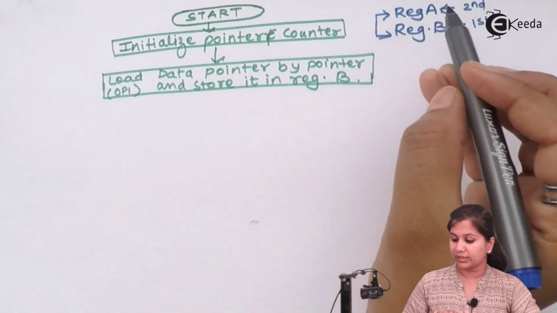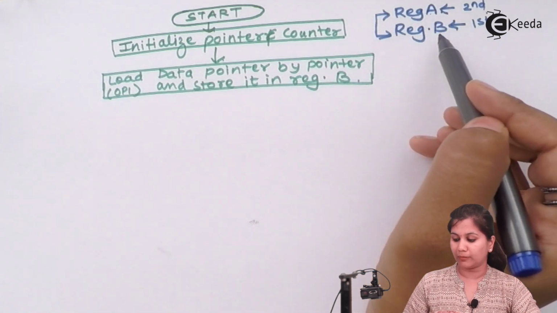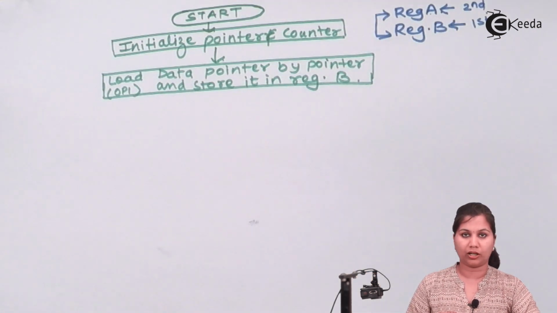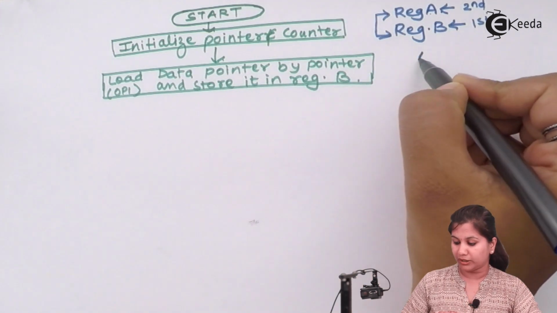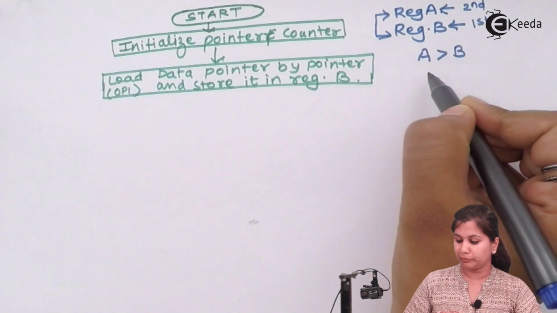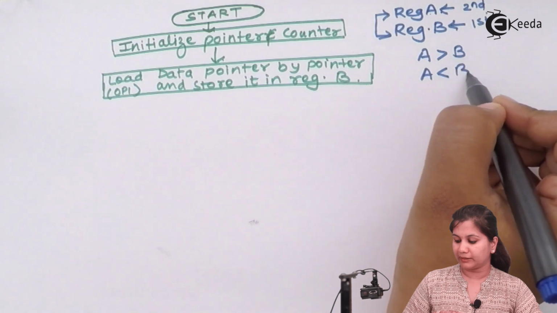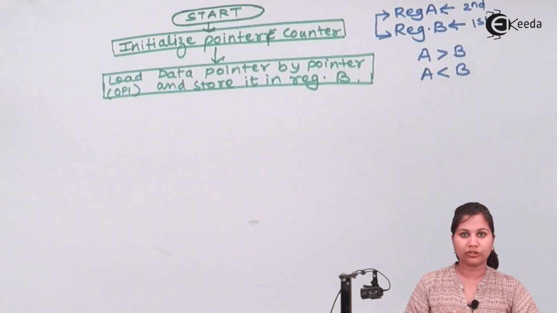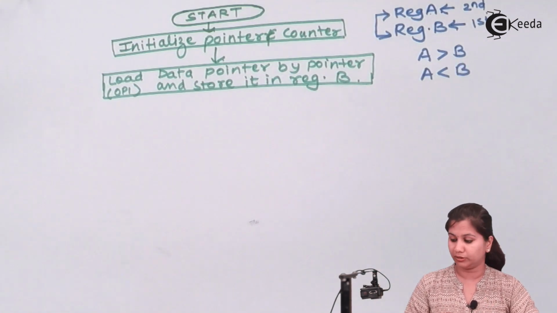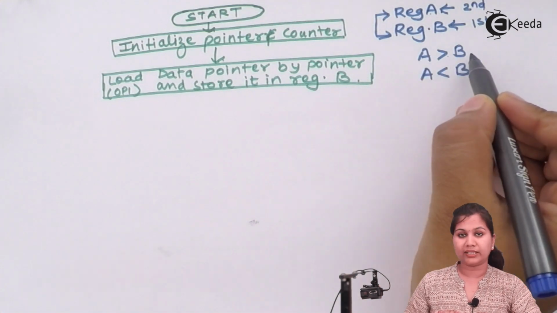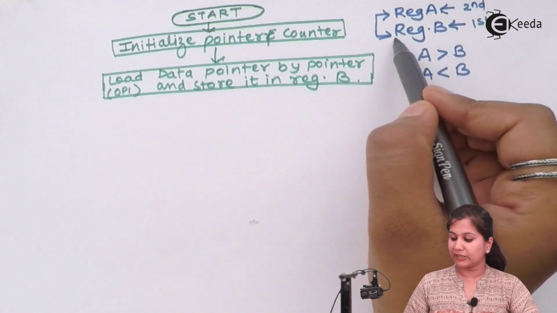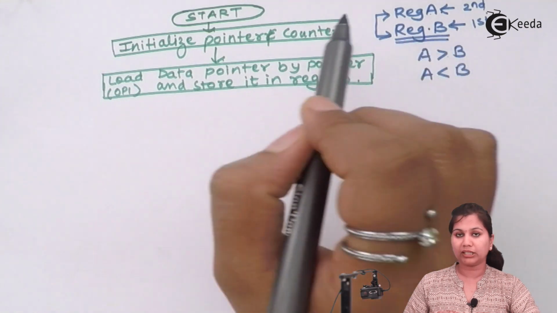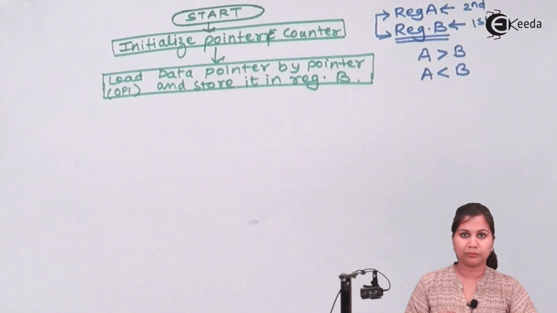Now in this comparison, if the two numbers are not equal to each other, there are two conditions: whether A will be greater than B or B will be greater than A. Always we want that register B has the maximum number.